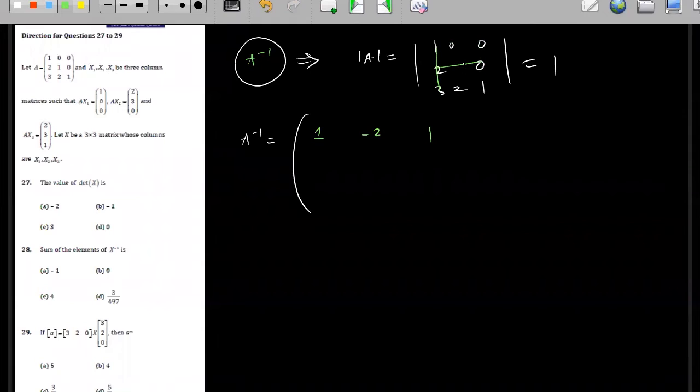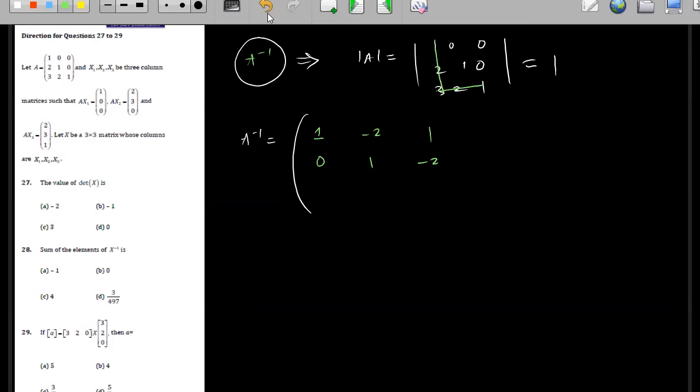Next is 0, so next is 0. This is 1, minus 3, so this is also 1. Then you have this one, 2 minus 3, so this will be minus 2.